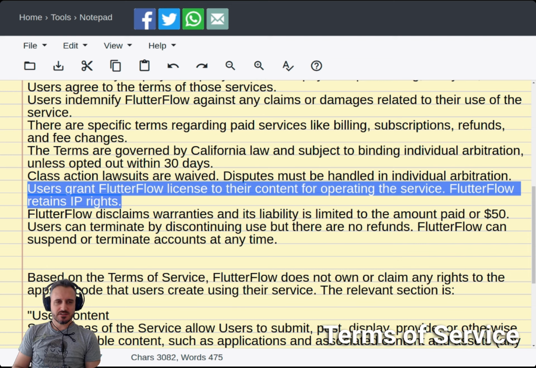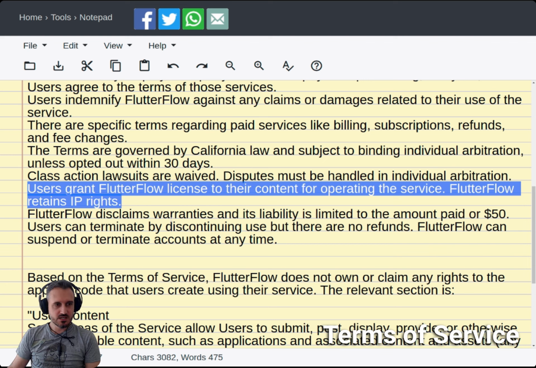I think what they are trying to say is that when you provide your API calls, for example, or some kind of service that you use in your app, you're giving Flow access to that service, and you are agreeing to do that.